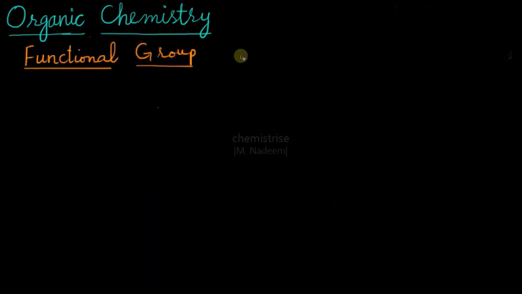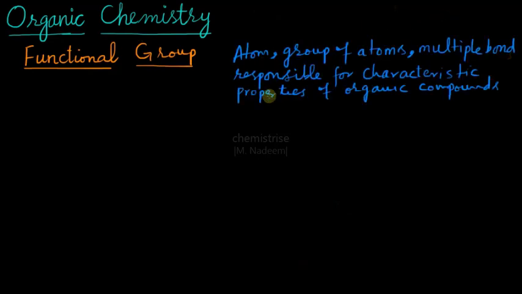So a functional group is an atom, or it can be a group of atoms, or it can be multiple bonds, that is responsible for the characteristic properties of an organic compound. So a functional group can be an atom, for example a Cl atom, or a Br atom. We can have a group of atoms, for example the OH group, or the COOH group.